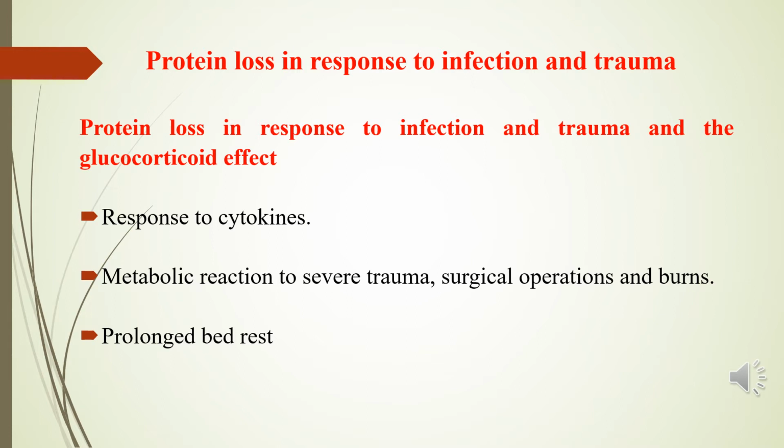So, as a metabolic reaction to trauma, surgical operations, and burns, there is an increase in catabolism of tissue proteins in response to glucocorticoid hormones produced during these periods and also during periods of stress, and excessive production of cytokines during inflammations.